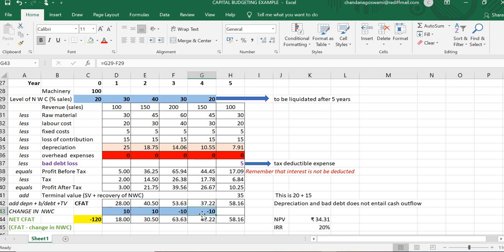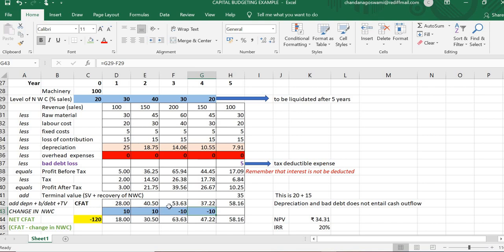So in the net cash flow after tax, what we are doing is, from this CFAT we are subtracting this change in the net working capital. Therefore, for first year, although you have a CFAT of 28, there was an extra outflow in terms of net working capital. So this 10 has to be deducted. Therefore, you get 18 out here. Similarly for the second year.